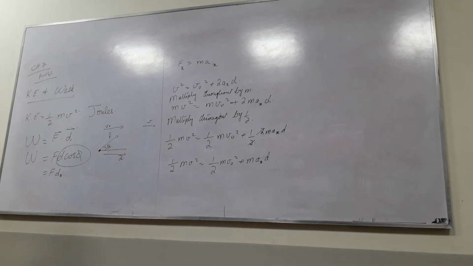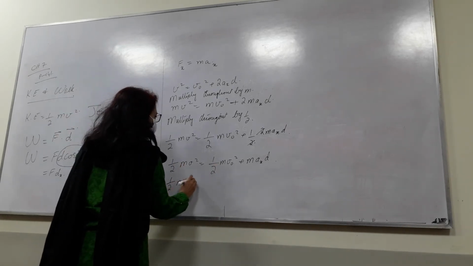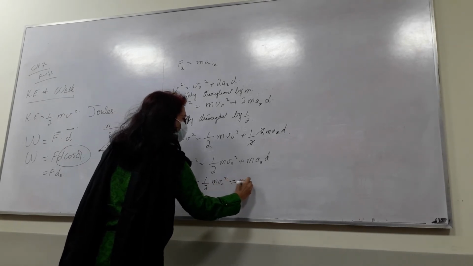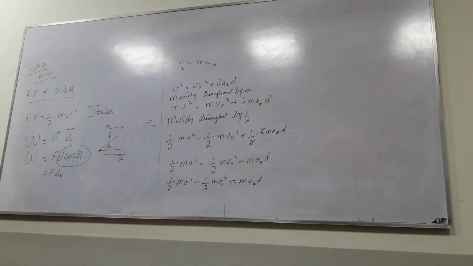Now if we take this term to the left hand side, we get half mv squared minus half mv naught squared is equal to max d. We can write it like this, right? Yes. Okay. It's all written in the book.